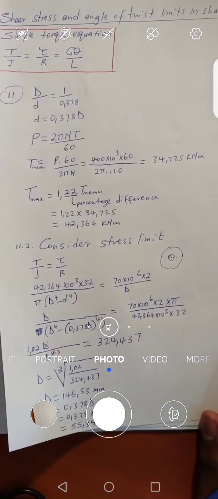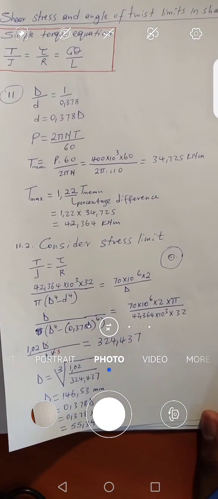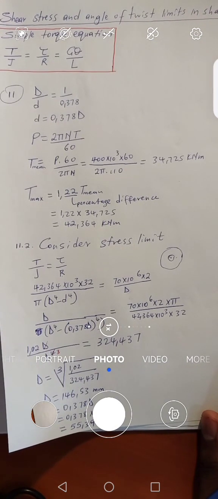So that is the shaft size that we get if we don't want the stress in that shaft to be more than 70 MPa.